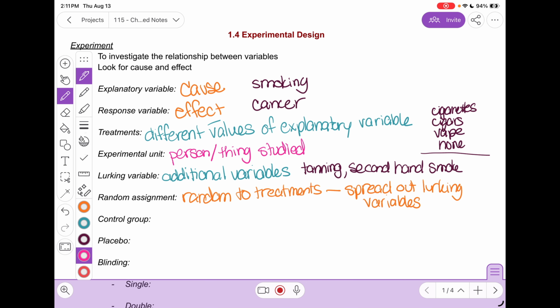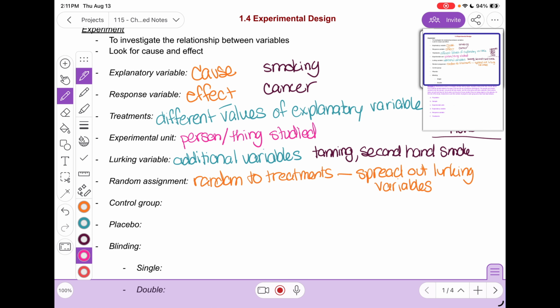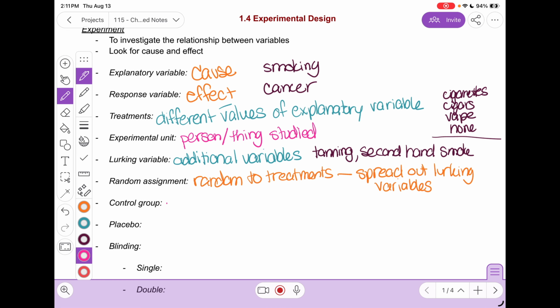A control group is either someone who's getting a placebo, which we're going to talk about in a second, they're getting no treatment at all, or they're getting the current treatment.